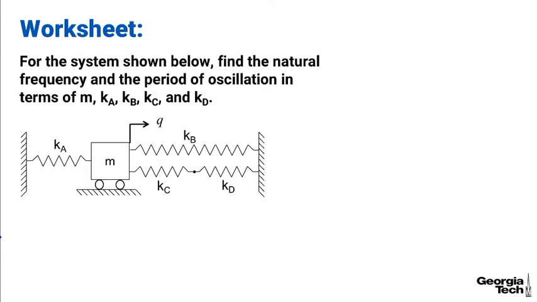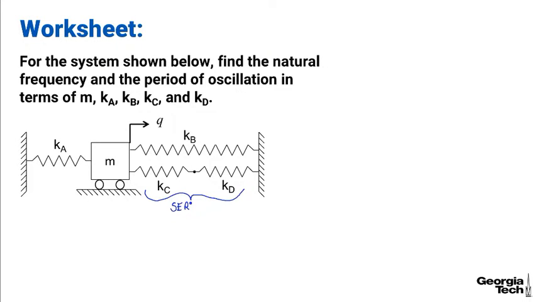So now let's do a worksheet together. For the vibratory system shown here, we want to find the natural frequency and the period of oscillation in terms of the mass, k sub A, k sub B, k sub C, and k sub D for the four springs. First of all, we can see that k sub C and k sub D are in series.